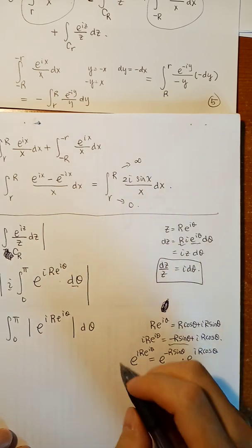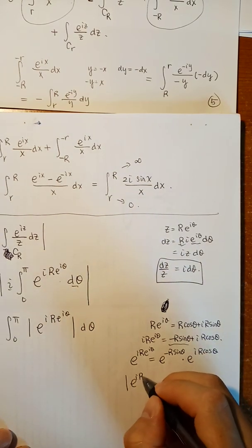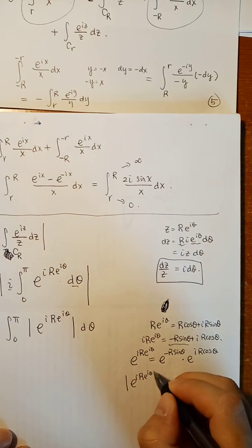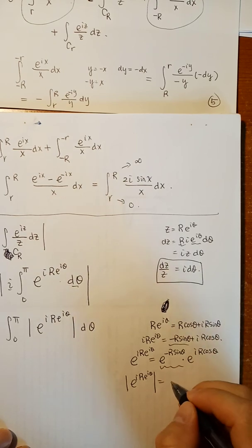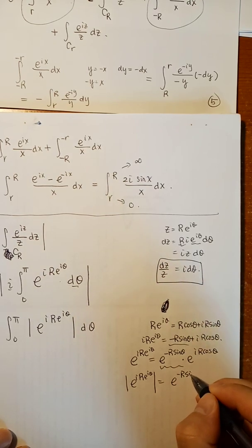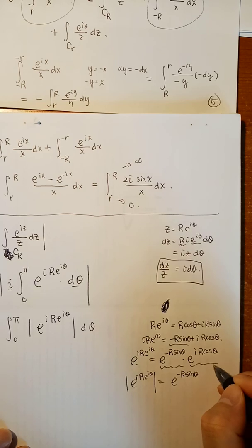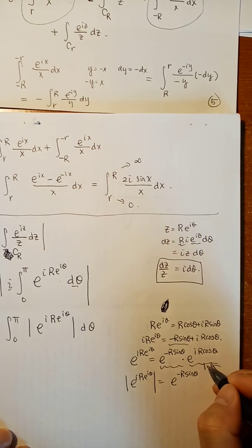And then when you put the absolute value, only this term appears. This term gives you 1, absolute value 1.